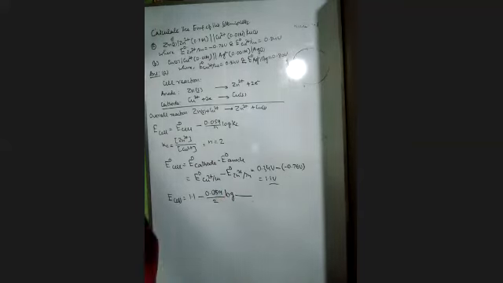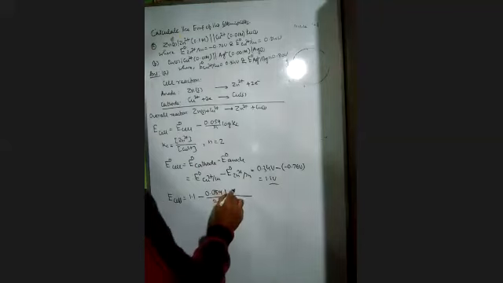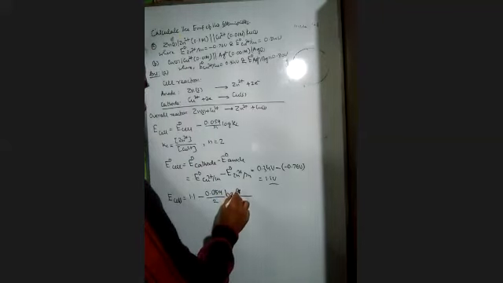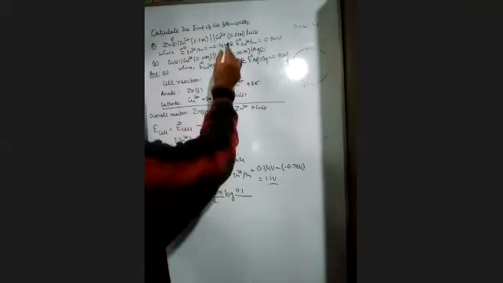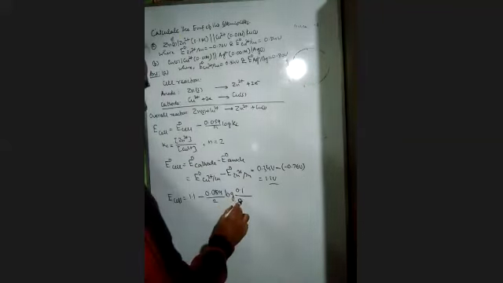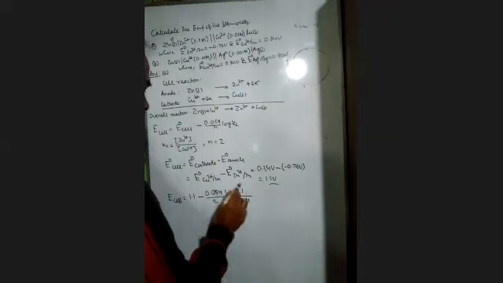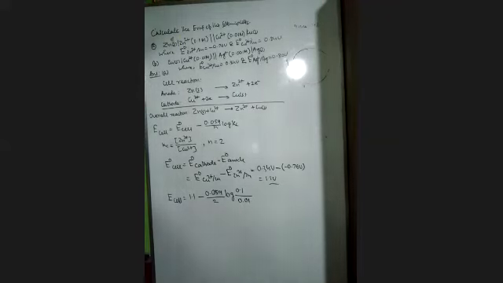See here, what is the concentration of Zn2+? 0.1. And this is 0.01. So what should I write now?